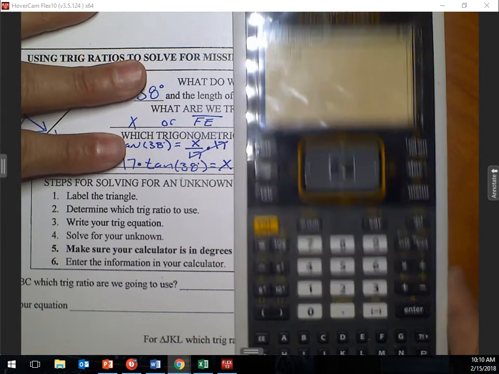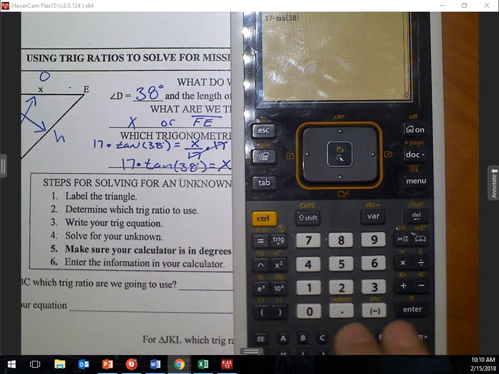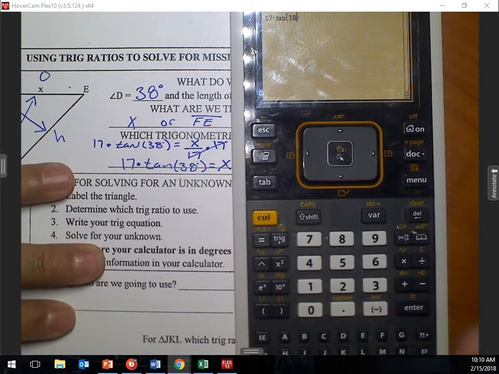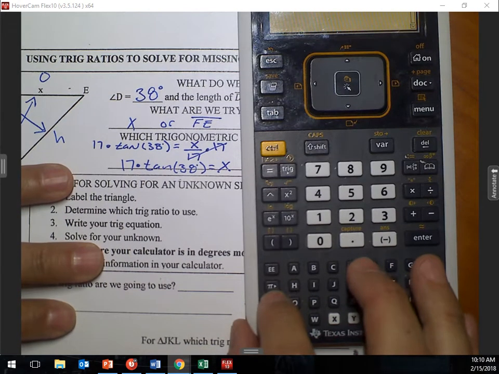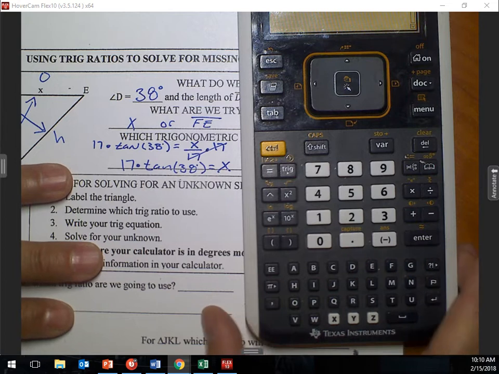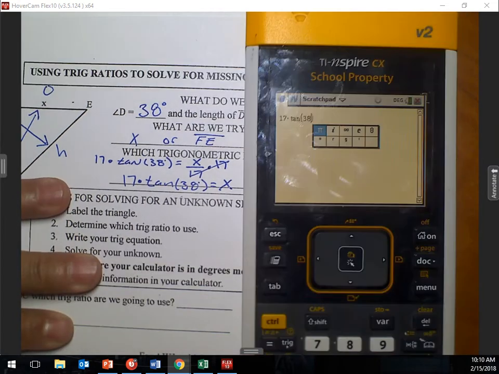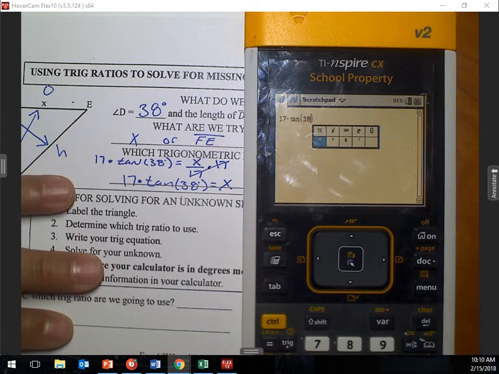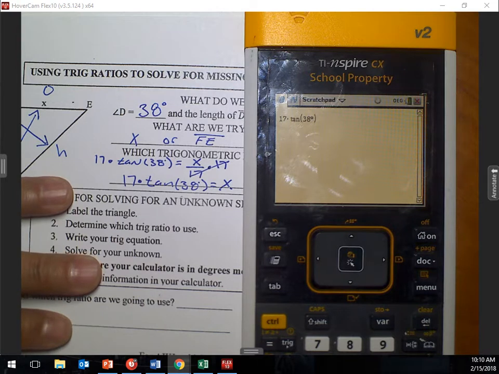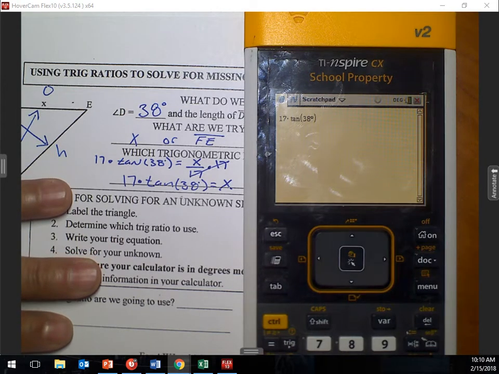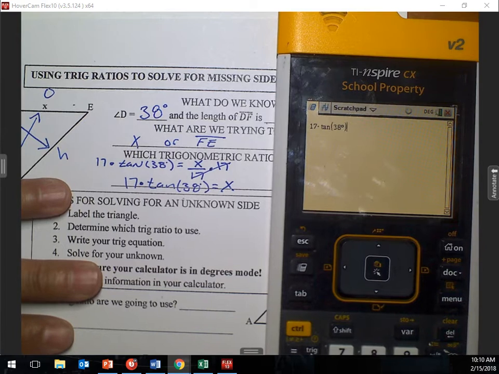Now, the degree symbol is down here at the bottom. You push the pi, and the pi opens up another menu. And then there's my degree symbol. And I close that. Now, does yours look exactly like mine? Now I hit enter.